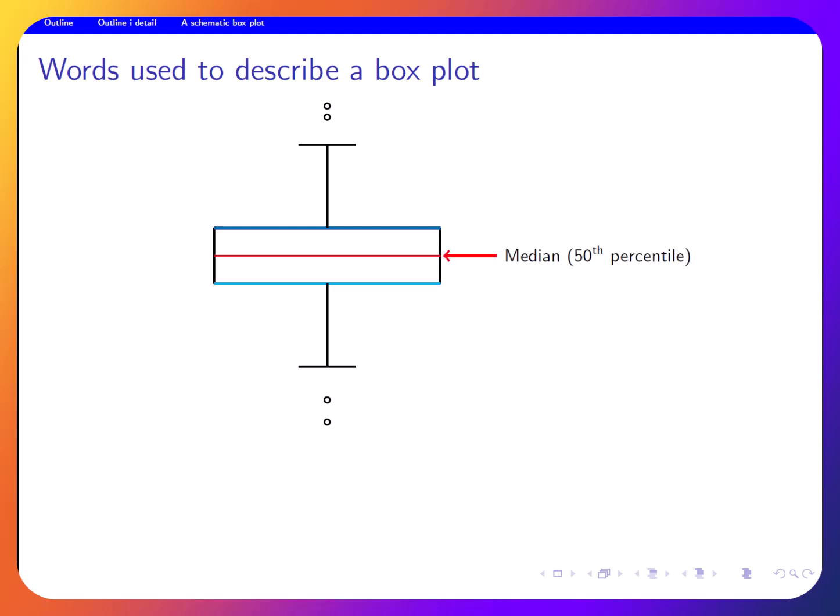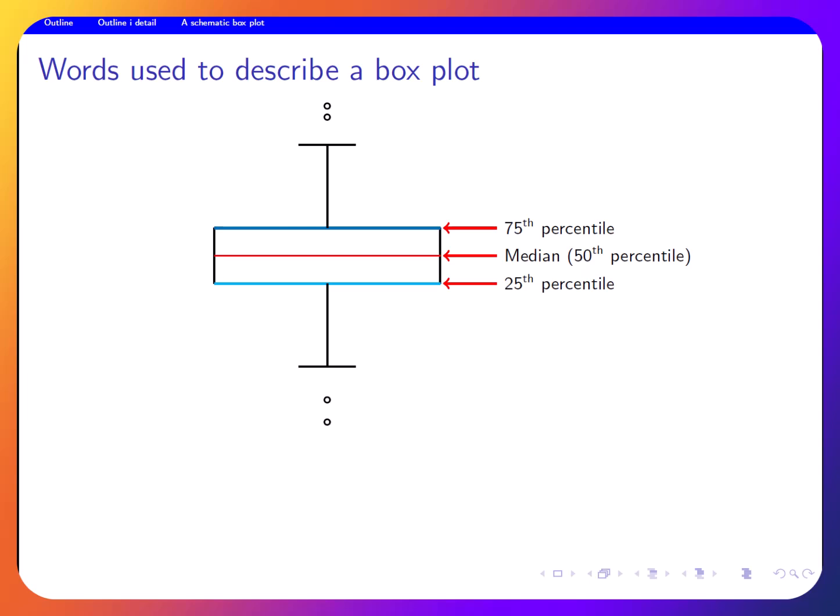The central line in red is the median or 50th percentile. The bottom line of the box in light blue is the 25th percentile. The top line of the box in dark blue is the 75th percentile.